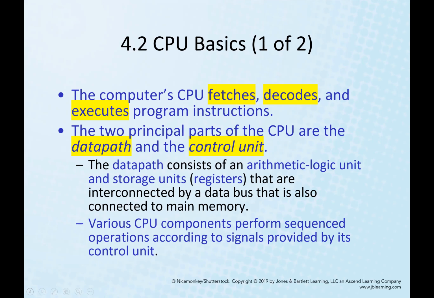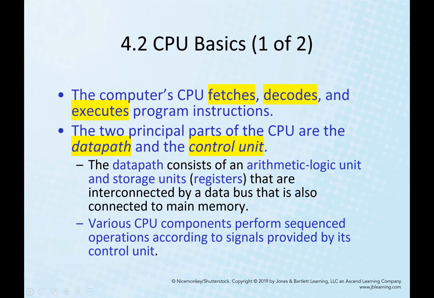The data path consists of a few elements. The first element is the arithmetic logic unit, the ALU, which I already talked about in one of our classes. It gets the input and does arithmetic calculations like addition, subtraction, and shift on data.